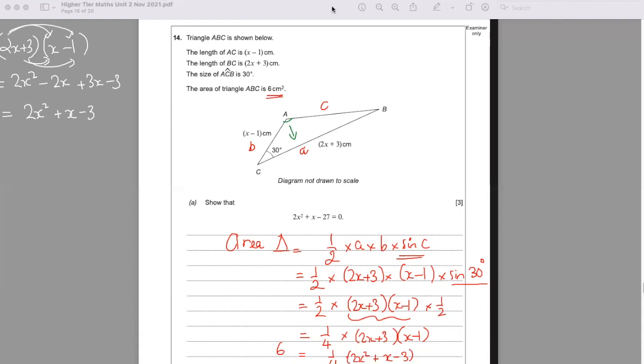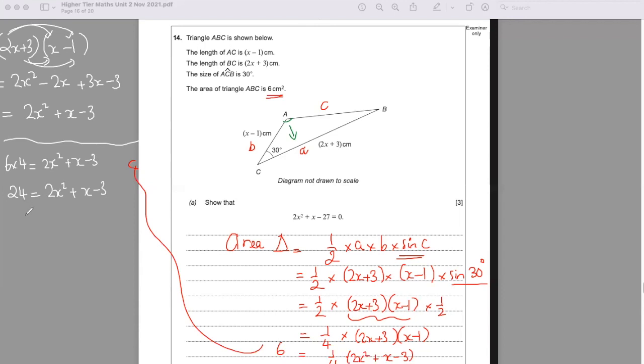I'm going to do it next up here. So when you got up to here, all you got to do next is just multiply the 4 to the other side, so 6 times 4. And then you've got 2x squared plus x minus 3. And that would be 24 equals 2x squared plus x minus 3.